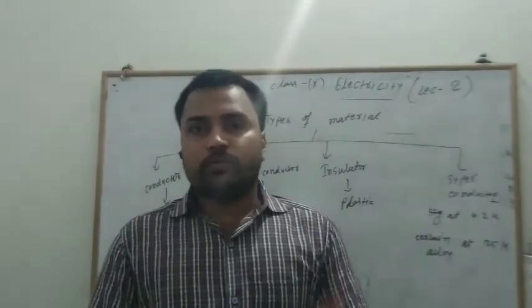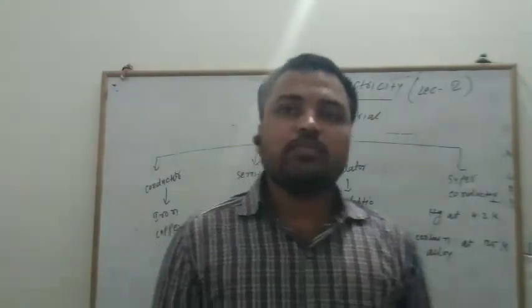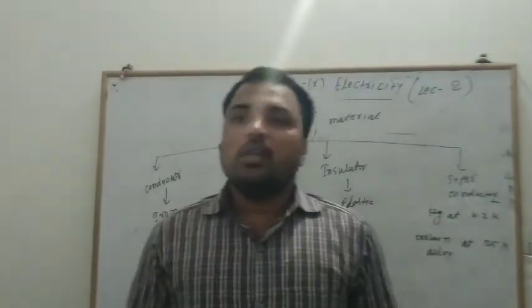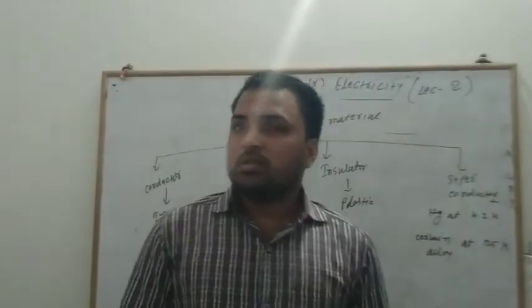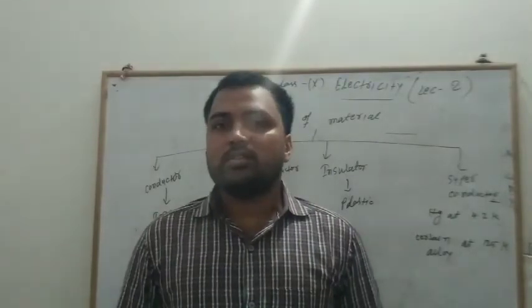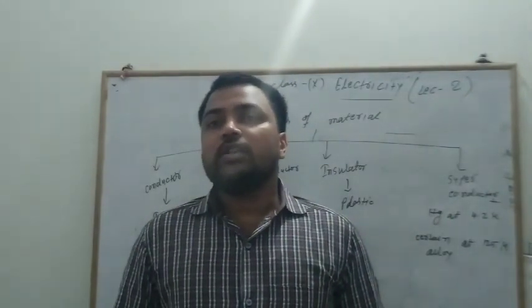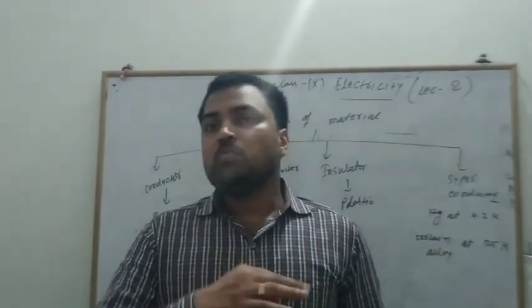Here we studied the types of material on the basis of their electrical properties: conductors, semiconductors, insulators, and superconductors. Thank you. In the next class, be ready to study electric potential.